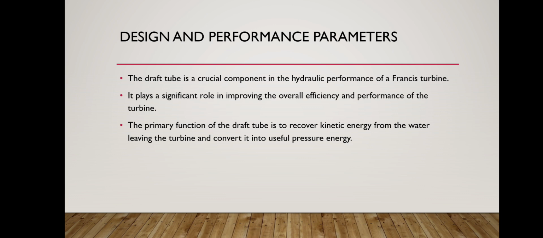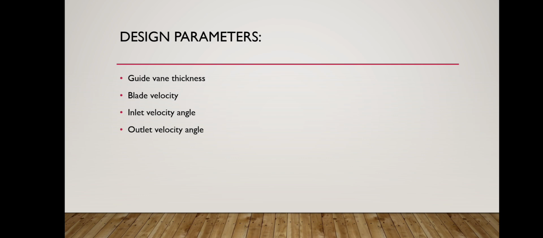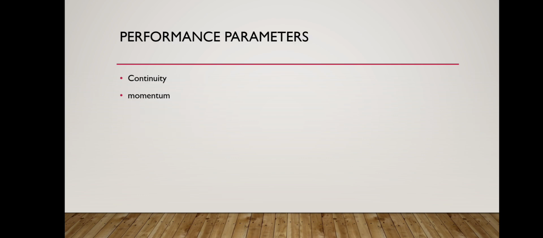So in order to improve the overall efficiency and performance of the turbine, the draft tube is very crucial. The design parameters we are going to consider are guide vane thickness, blade velocity, inlet velocity angle and outlet velocity angle, and the performance parameters are continuity and momentum.